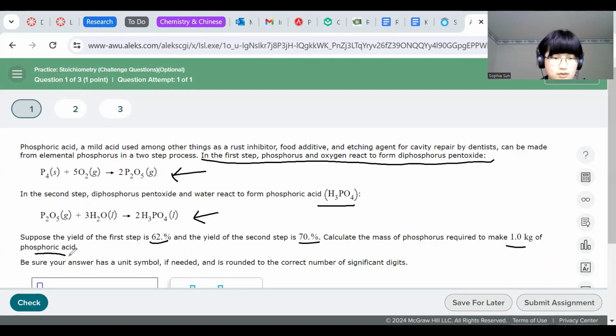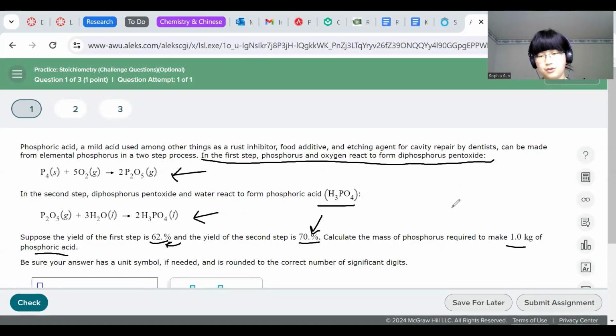So since we have these actual yields, we know that there's going to be a significant difference between the actual amount and the theoretical amount. And when we calculate it, we need to ensure that the amount needed takes into consideration these percentages.